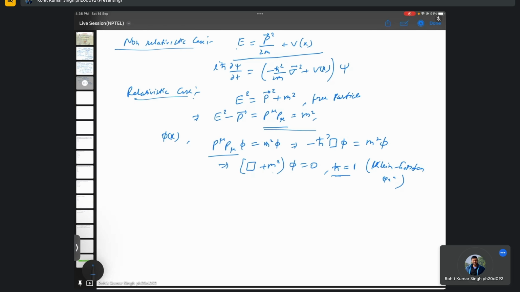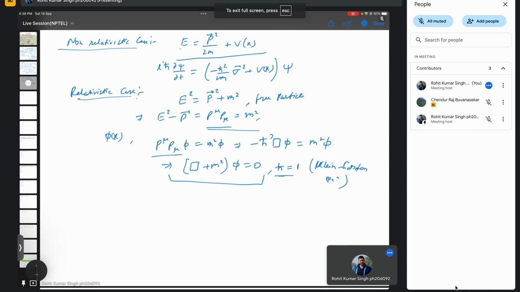And now how to find the solution for this equation? Can you guess what would be the solution? Is anyone connected? Chendur, can you guess the solution of this equation? What kind of solution will you have?